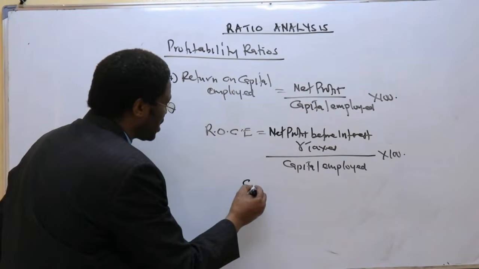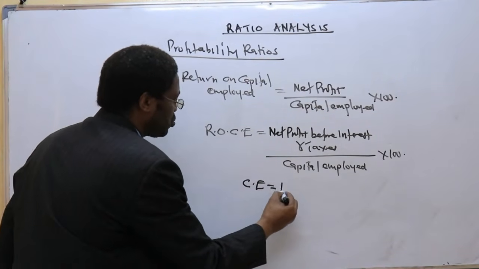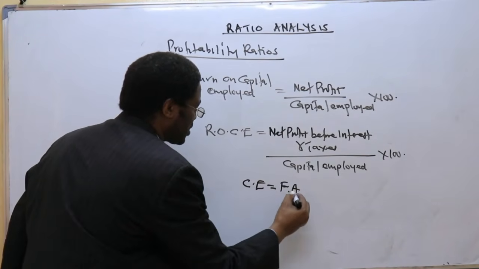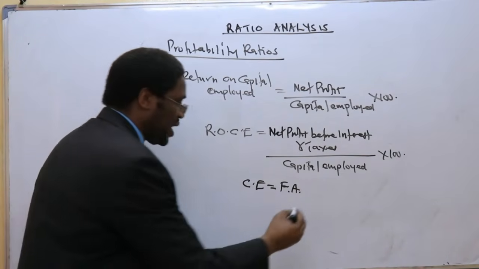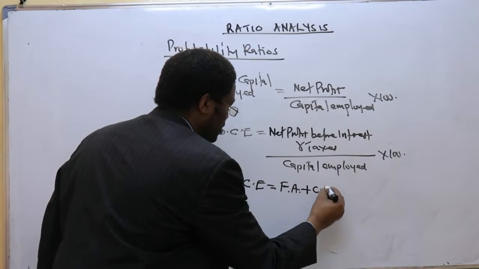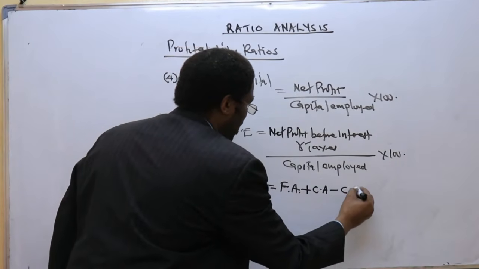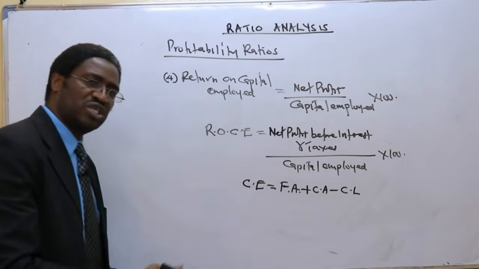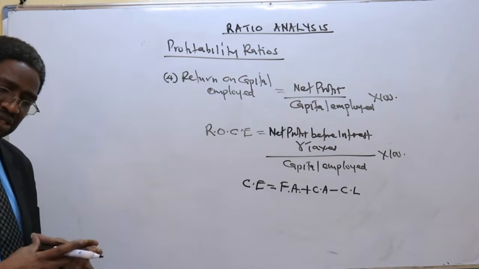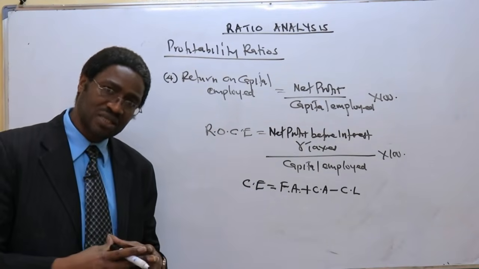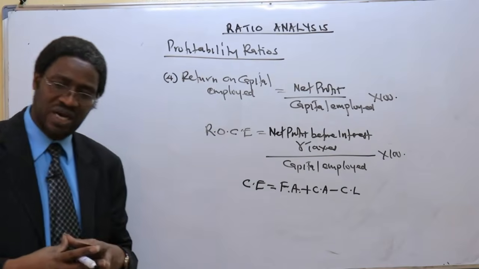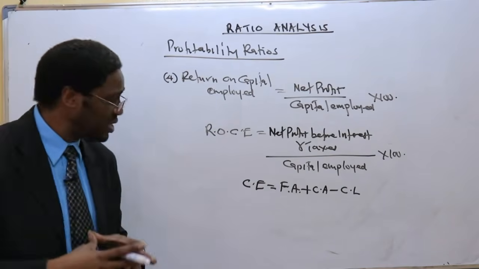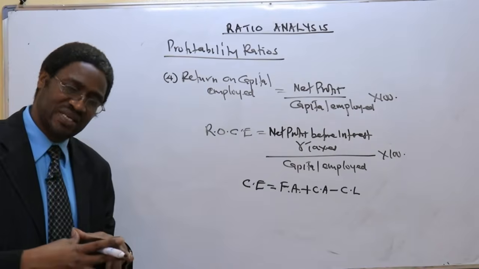We normally get capital employed to be equal to the fixed assets of that company plus all the current assets, minus current liabilities. So you take the fixed assets of the company, you add the current assets, and you subtract the current liabilities.